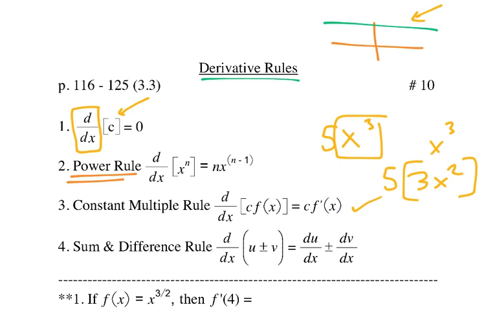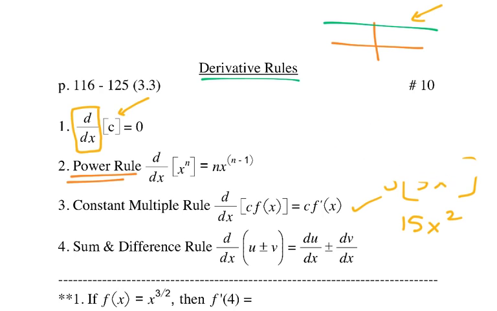So 5 times 3 is 15x squared. So it's kind of a subtle difference there, but if that helps you understand the power rule, then you can think about it that way.